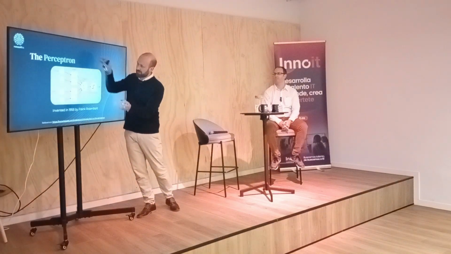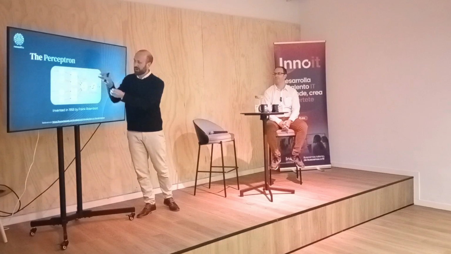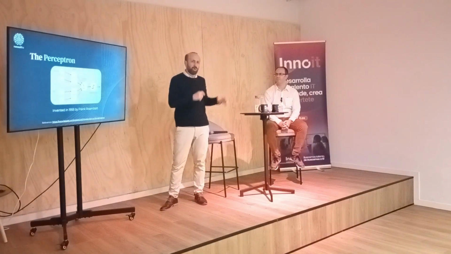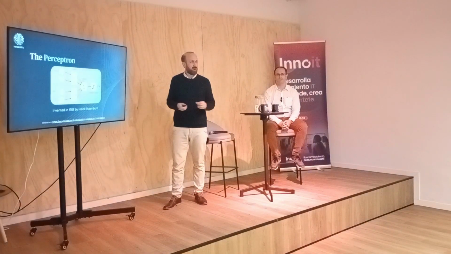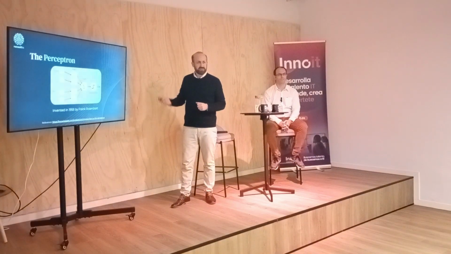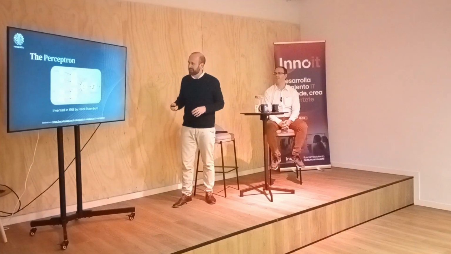So this is a function that multiplies the inputs by a weight, applies some non-linearity function, and gets an output. That's the basis of everything we're seeing nowadays in LLMs and deep learning. So this came in the 60s.